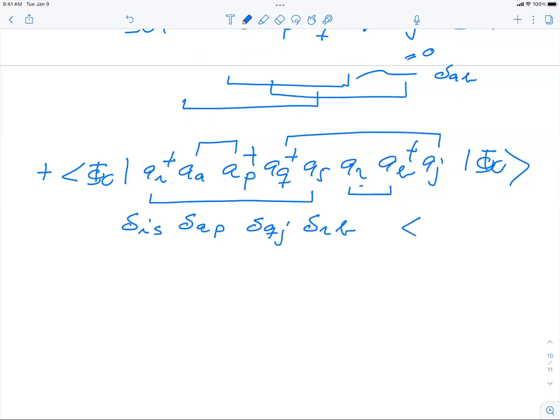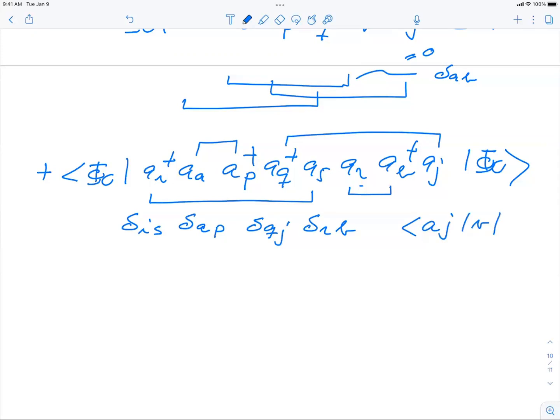So I would get the following matrix element. I would get an a. Then if you look at the state with q here, q is contracted with j. So I have j here. I have a V here. And then I look at my state i, that's contracted with the s. And state r is contracted with b.